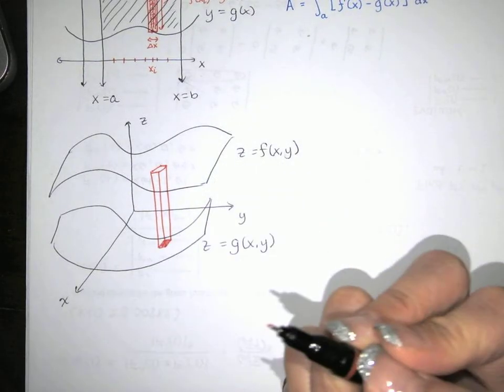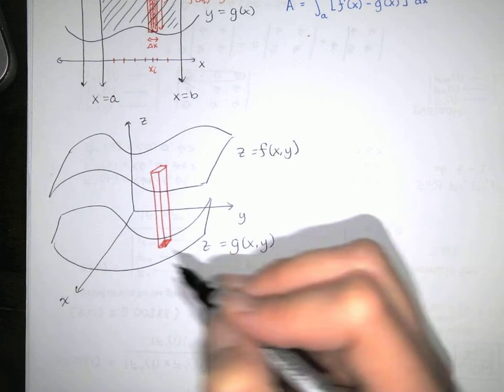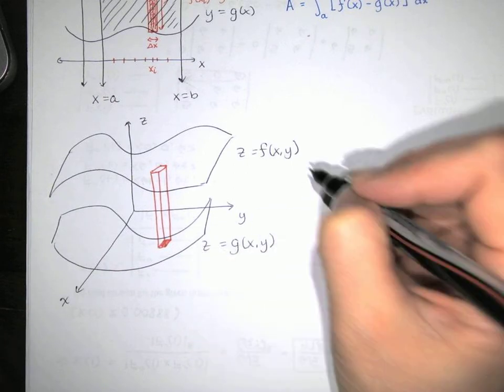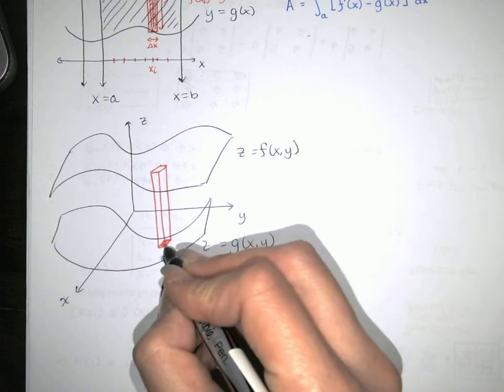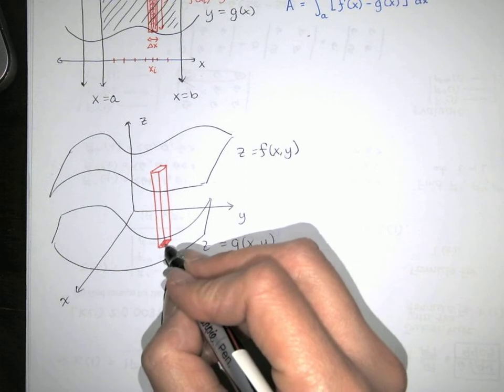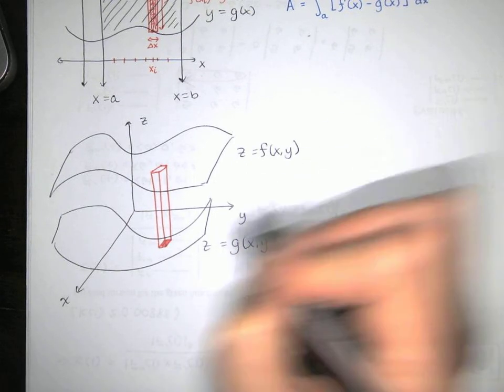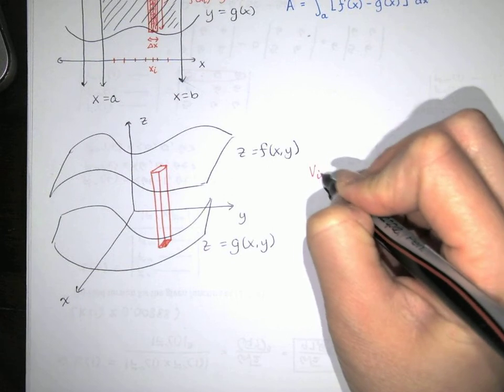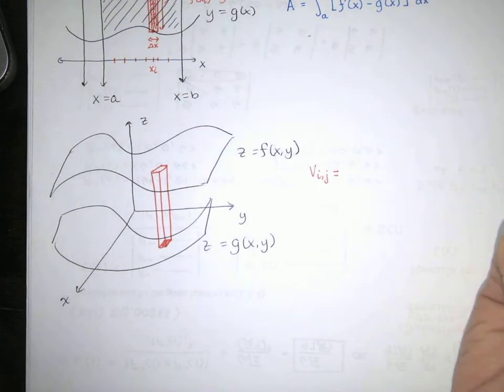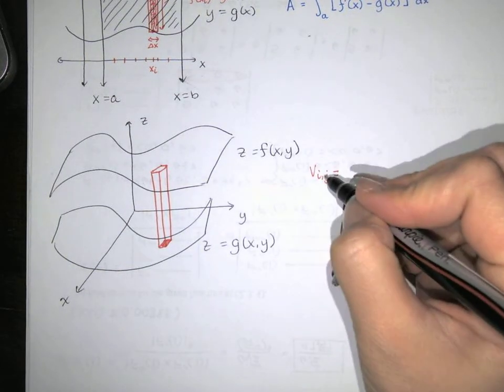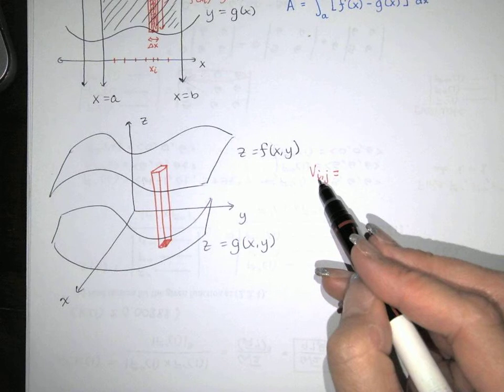And if we're in the ith subdivision in the x direction and the jth subdivision in the y direction, we would call the x value here x sub i, and the y value, where we're evaluating these points, y sub j.